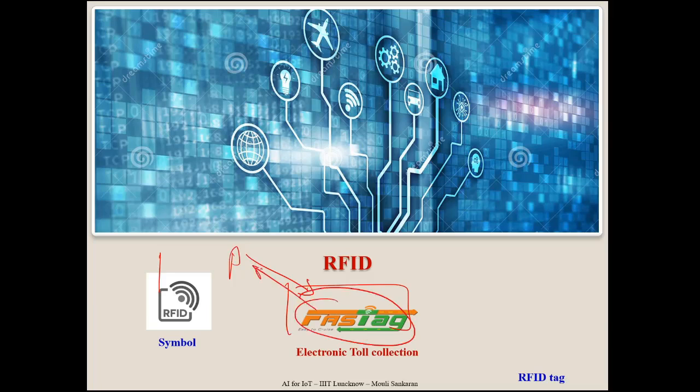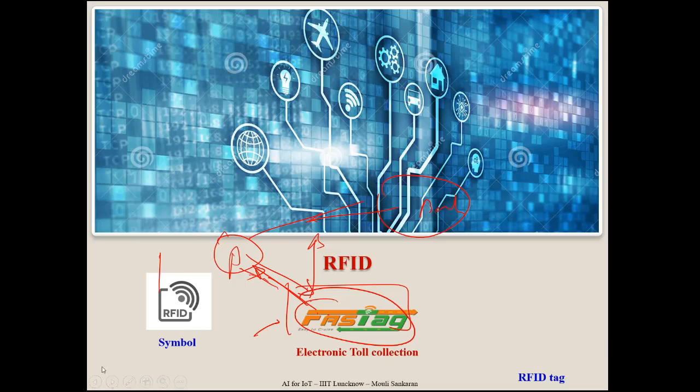this FASTag sends back the information based on the energy it receives, including who is the registered user of this car. Then the backend uses the bank to get the money deducted, and it allows you to pass the toll gate without stopping the vehicle.